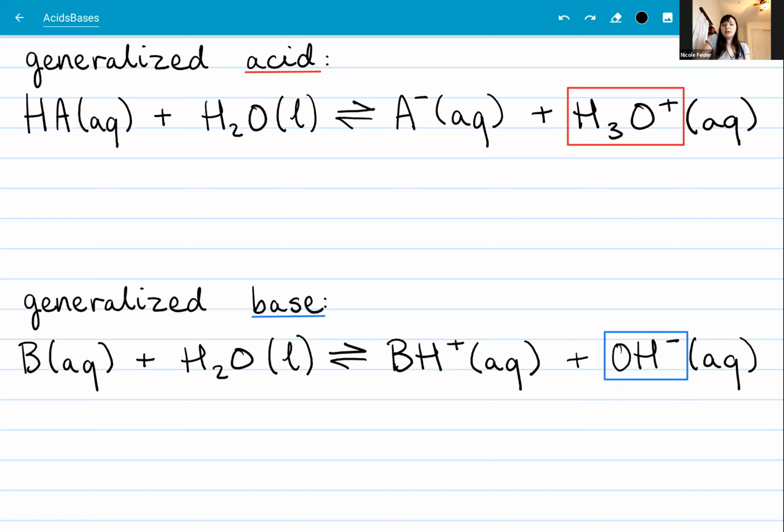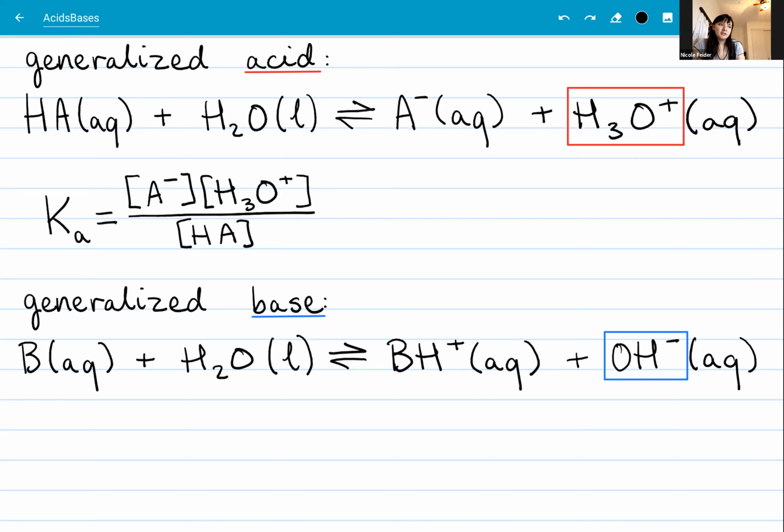Partnered with these generalized equilibria are their generalized equilibrium constants, which are just the Kc constants for the generalized reactions. For example, the equilibrium constant of our acid equilibrium, let's call it Ka, is drawn as such.